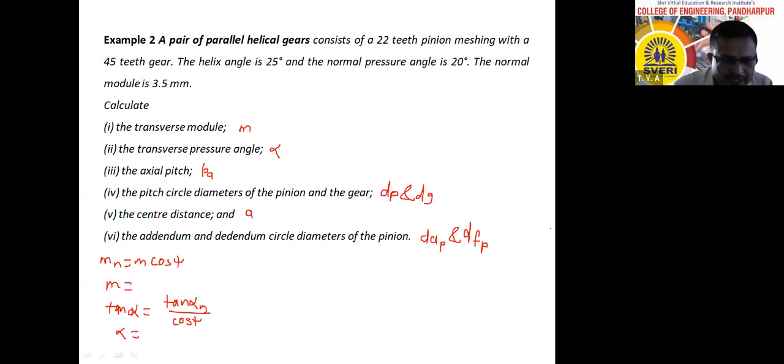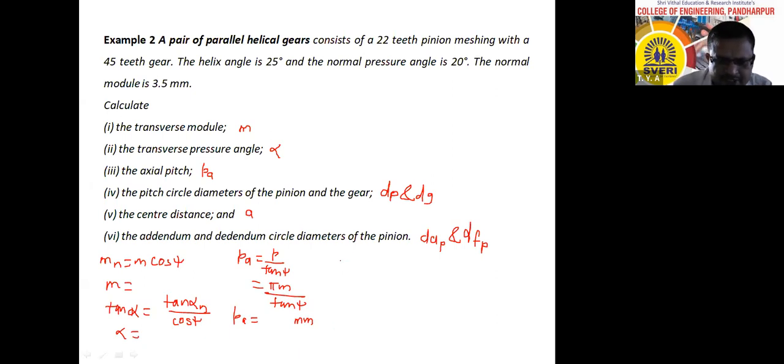Then calculate axial pitch PA. PA is equal to P divided by tan psi, which is equal to pi m divided by tan psi.